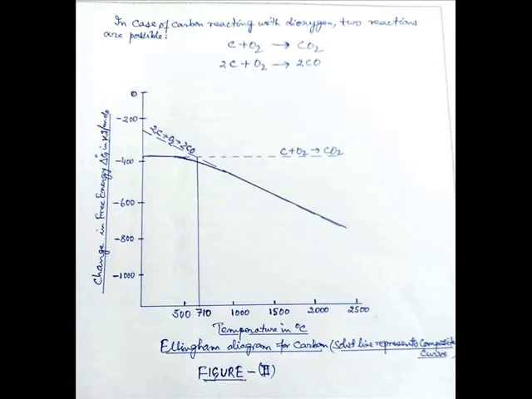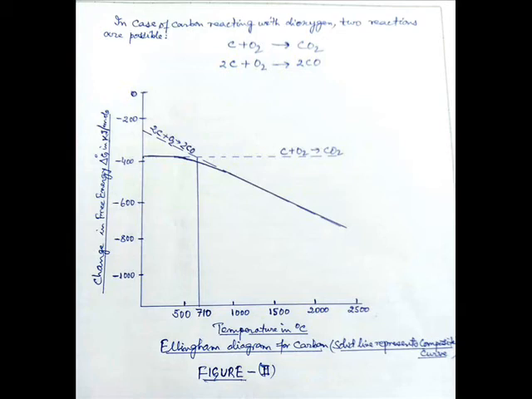Obviously, from the equation del G is equal to del H minus T del S, if del S is positive, del G will be increasingly negative, and consequently the line on the Ellingham diagram given in figure 1 goes downward. You see that it is going downward. The graph of 2C plus O2 is going downward.